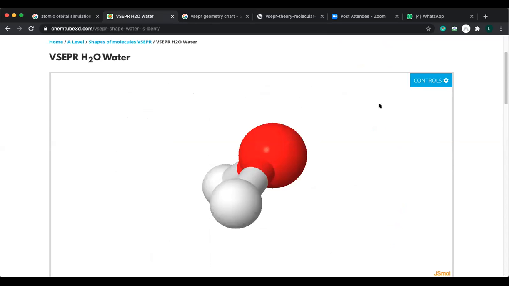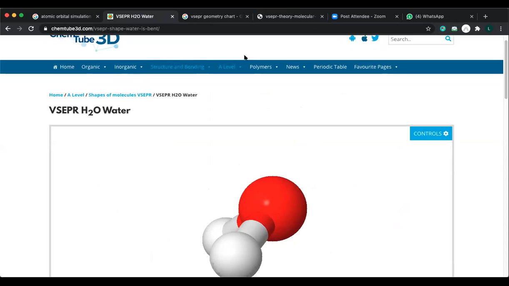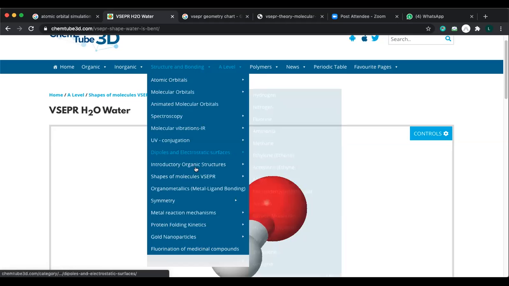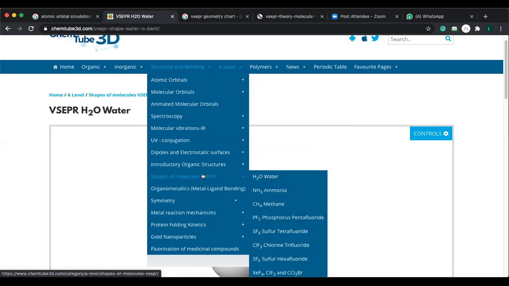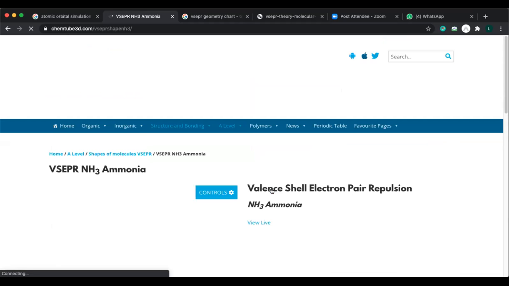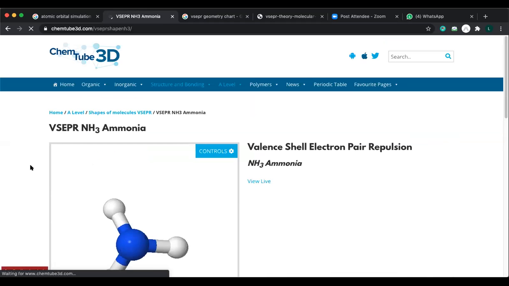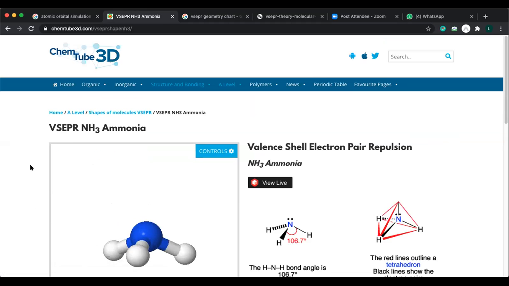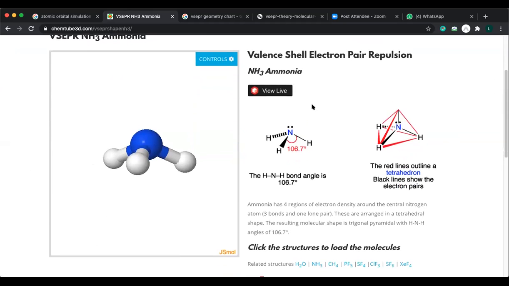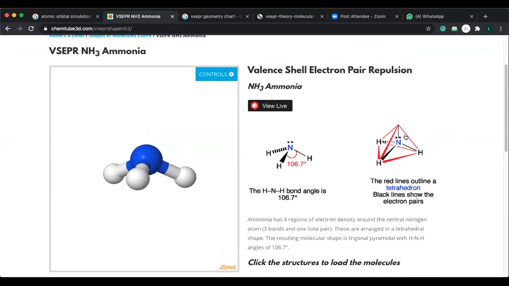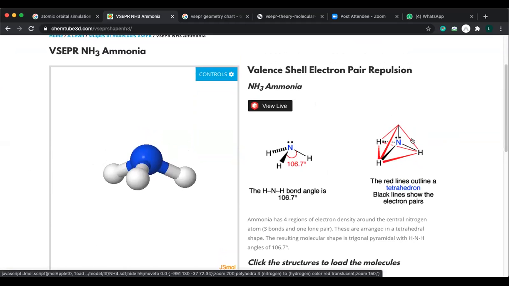So the first one, in VSEPR, ammonia. In ammonia, how many bond pairs and how many lone pairs are there? 1 lone pair, 3 bond pairs. You can see that the electron geometry is going to be tetrahedral because there are 4 pairs of electrons.